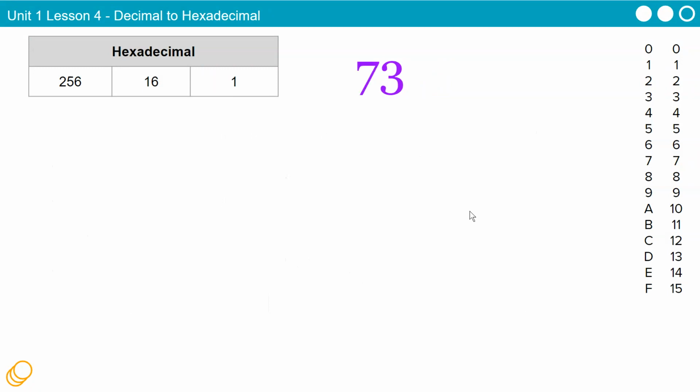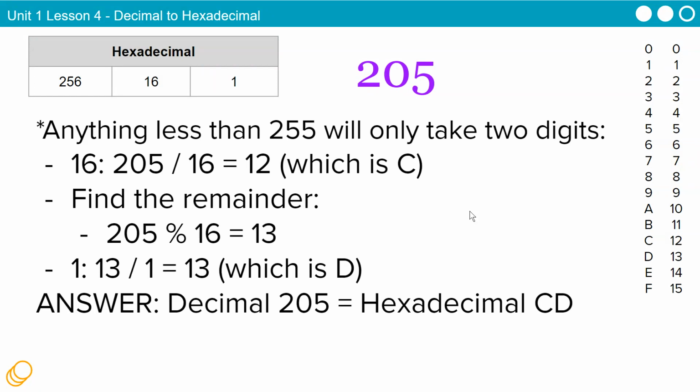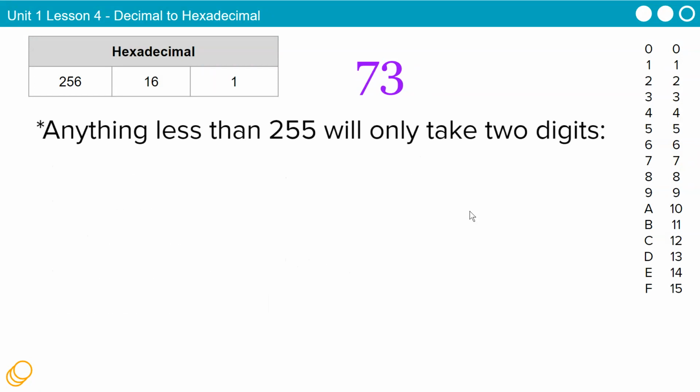So let's do another one. Number 73. What is 73 in hexadecimal? Is that number greater than 255 or less than? Less than. So that lets us know we are going to divide by 16 first.